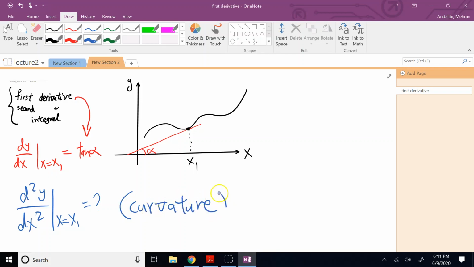Okay? So when this guy is positive at any point, it means it is curved upward, right? So this is positive curvature. This is negative curvature at the point, correct? And 0 curvature means the slope does not change, okay? A point like this probably.